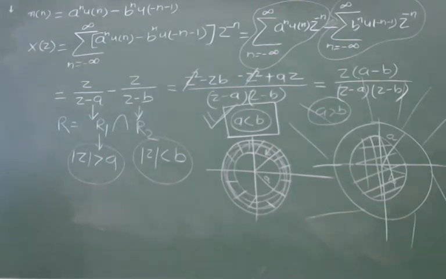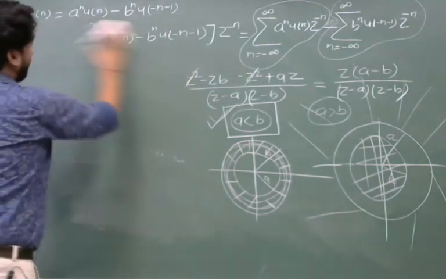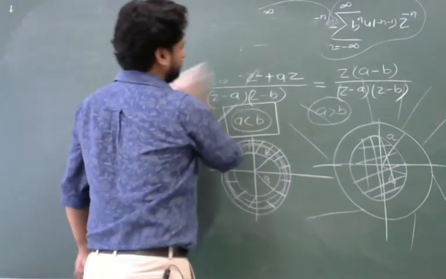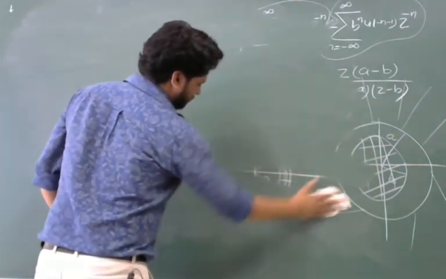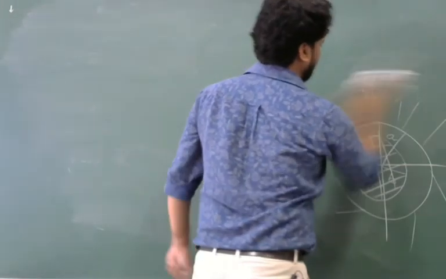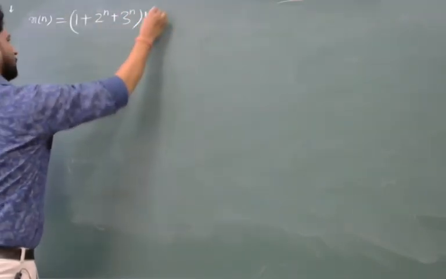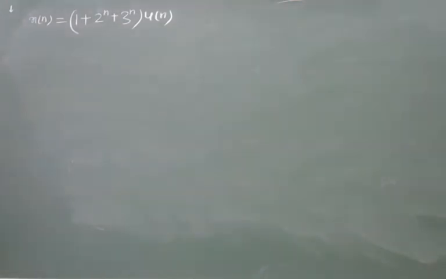Now consider one more example, where x of n is given as 1 plus 2 power n plus 3 power n into u of n.